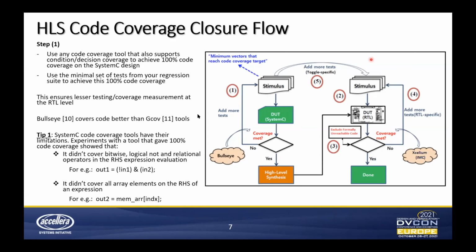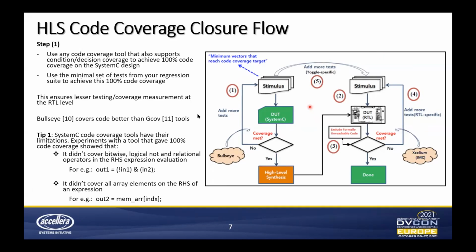The figure shown here is a flow diagram of the proposed HLS code coverage methodology. It consists of 5 steps, and these are explained in detail over the next few slides.